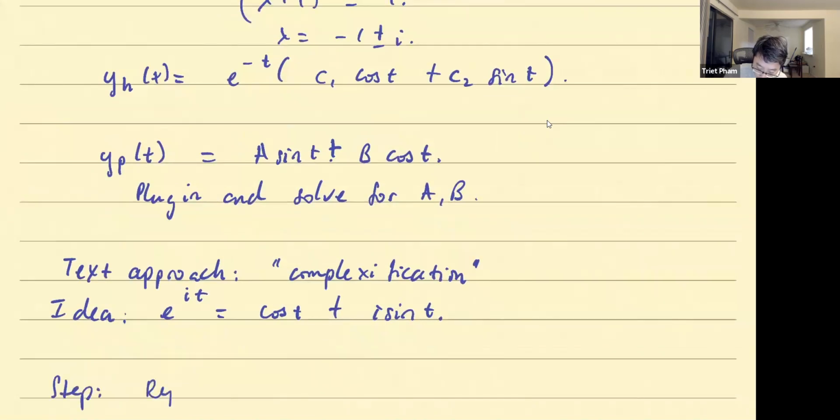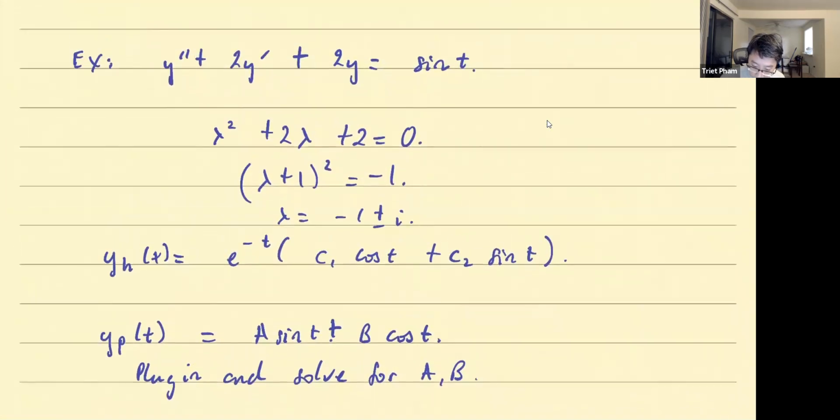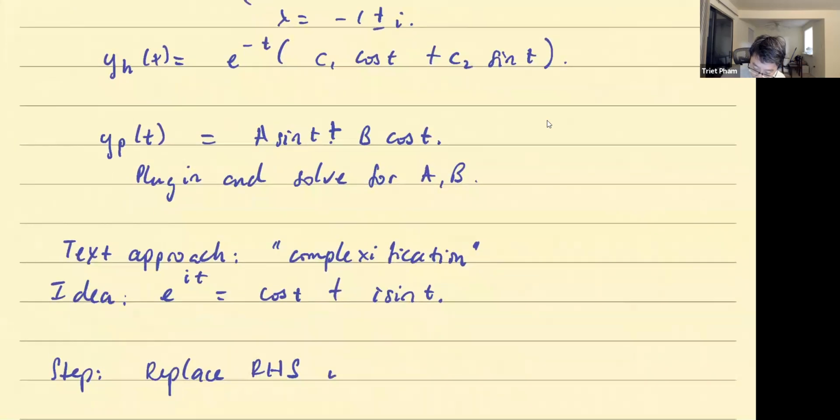First, replace the right-hand side, meaning whatever you have here, sine and cosine, with e to the i omega t.